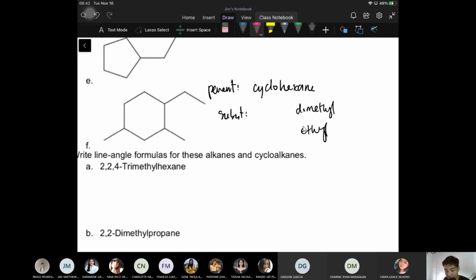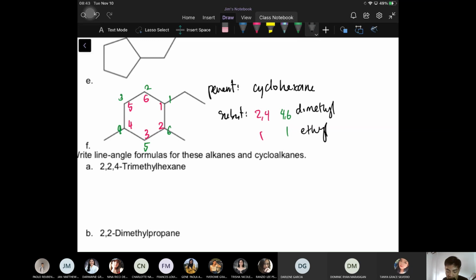The di is not included. Okay, so Greek prefixes are not included in the alphabetization. So, ethyl is number 1. We can do the numbering clockwise and counterclockwise. So, if clockwise, 1 is the ethyl, 2 and 4 are the dimethyl. If counterclockwise, 1 is the ethyl, 4 and 6 are the dimethyl.